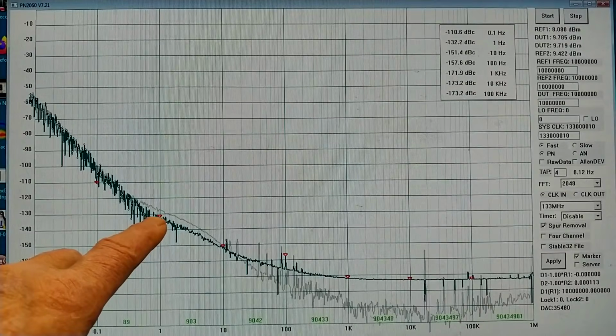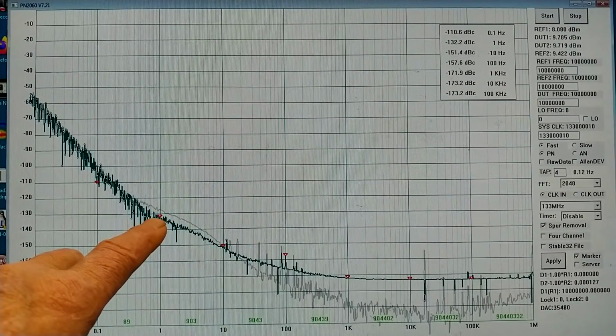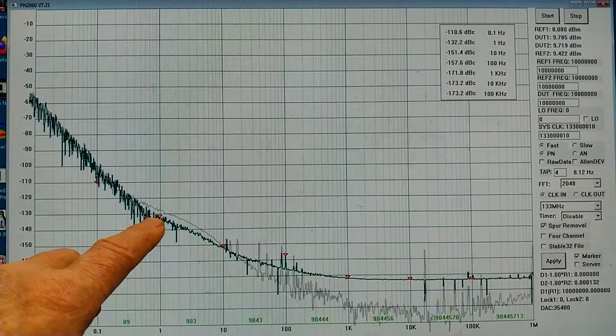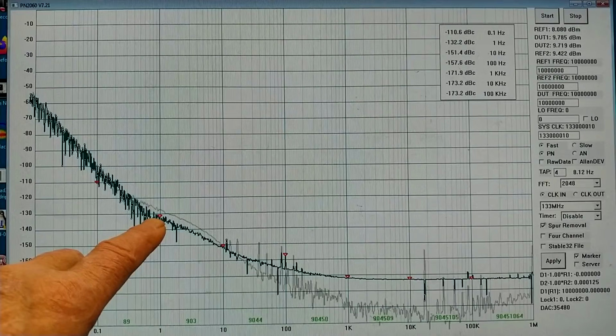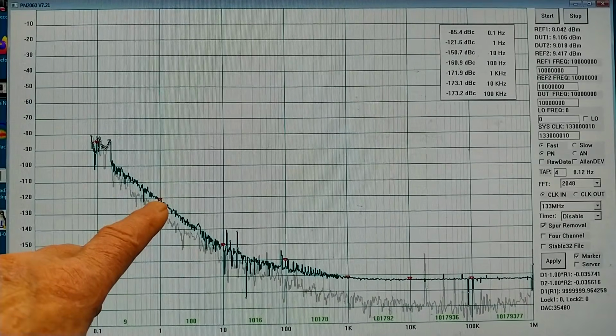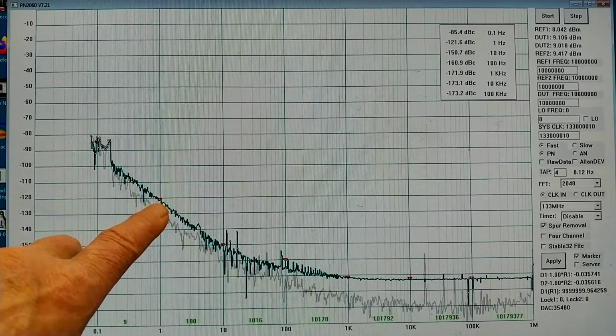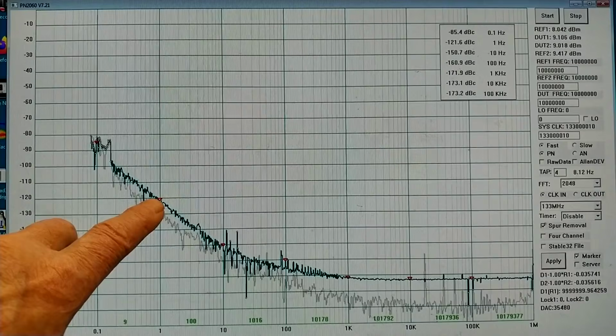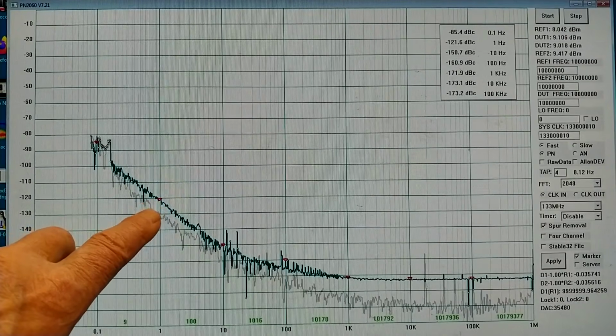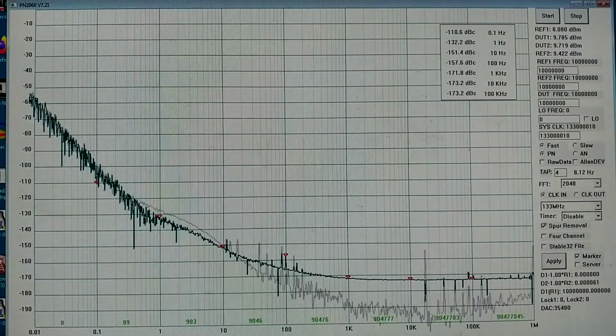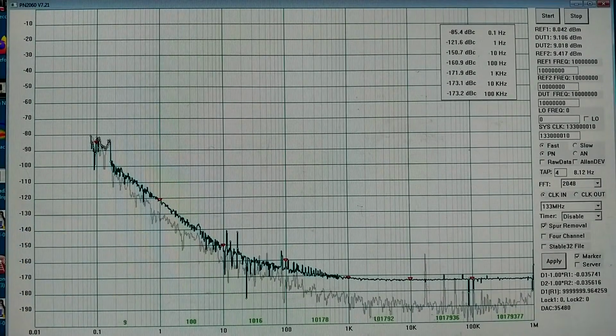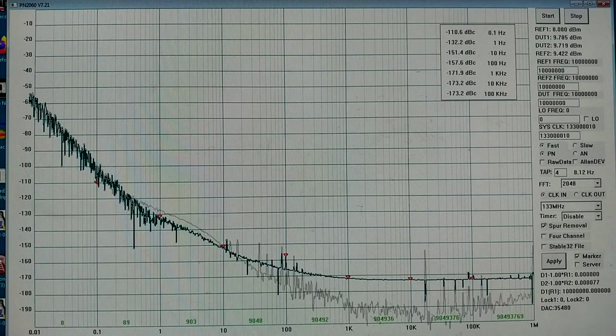And it seems to be from minus 132, the marker says 132.2, to here minus 122. The marker is a little bit high, and it says 121.6. So there is a 10 dB extra gain because of feedback. Assuming, of course, that there is no noise produced by the crystal.